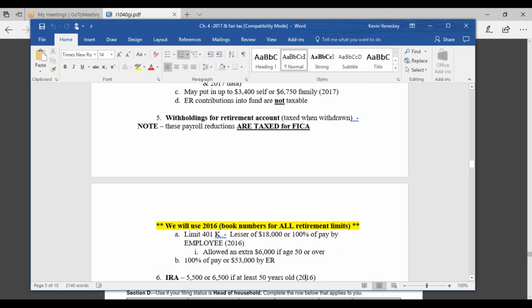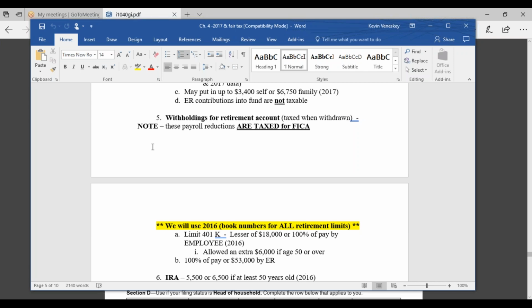Now, the number 5 here is a big one because it's different for federal and different for FICA, is money you put away for your retirement account. If you put money into a retirement account, it is not taxed for federal purposes. However, it is taxed for FICA purposes. So there's a very good chance that you'll have 2 different amounts, one that says FICA taxable and one that says federal taxable.